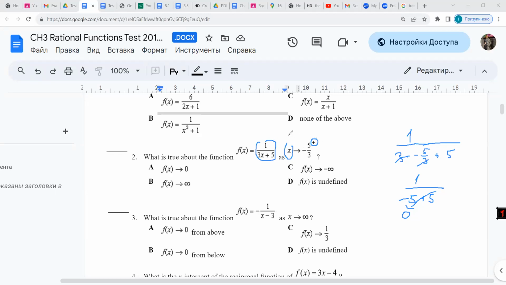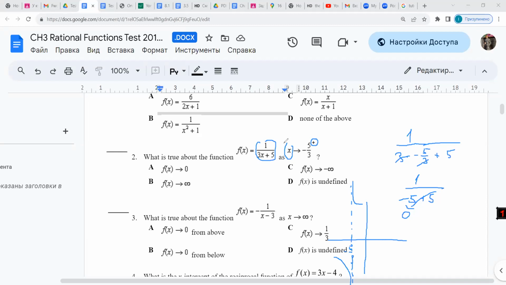We're supposed to identify what happens when we approach this vertical asymptote from the right-hand side. If you imagine the graph, negative 5 over 3 is going to be a vertical asymptote. It means that on one side of this vertical asymptote, the graph goes to negative infinity, and on the other one to positive infinity, right?